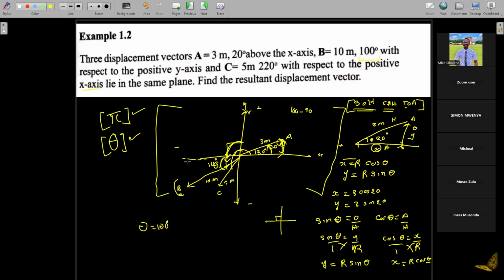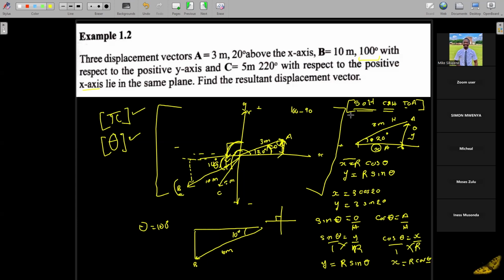So we are going to proceed finding the y component and the x component. Let me again take this part and put it here so that people understand clearly. So let's say this is my vector B, and it is 10 meters. And the angle, we said, is 10 degrees.